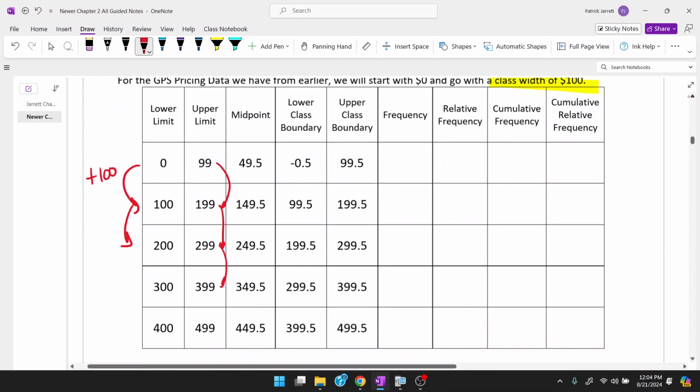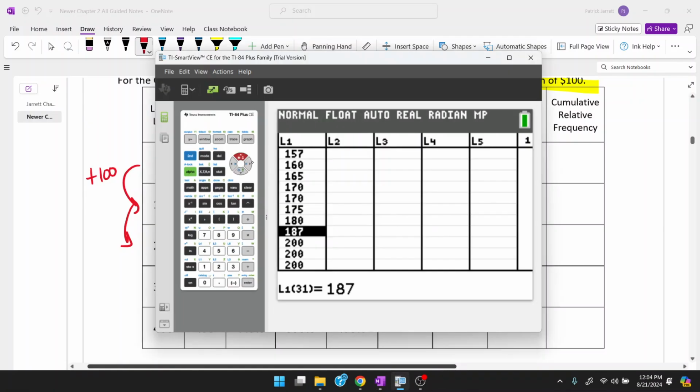Frequency. So what you would have to do, if you didn't put this data on a calculator, is look at all 50 pieces of data and count how many were between 0 and 99, 100 and 199, and so on. But thank you, calculator. Obviously, between 0 and 99, I had how many?